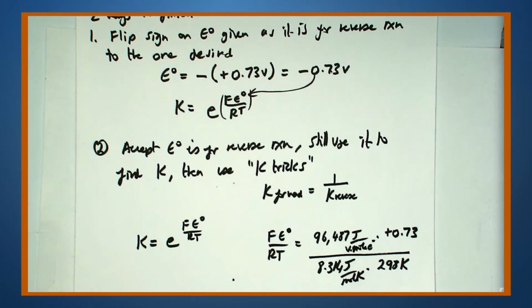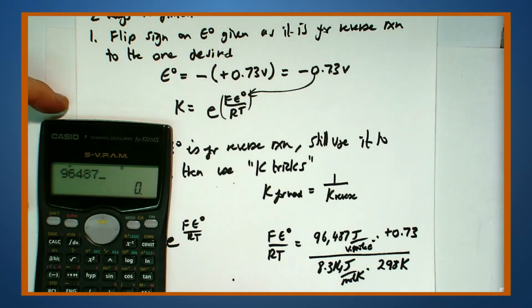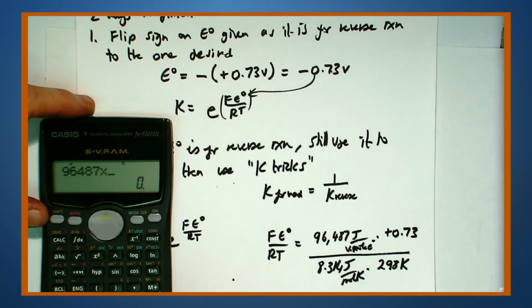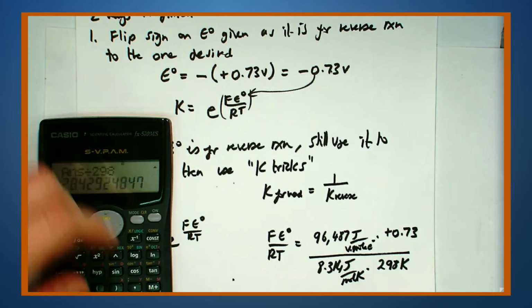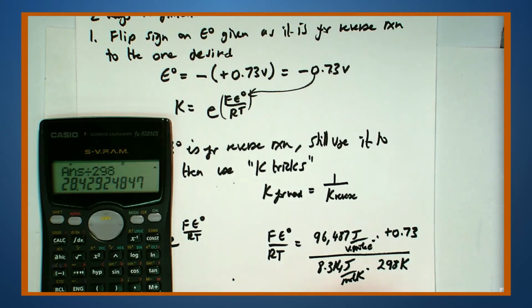All right, so let's go ahead and do our calculator. 96,487 times 0.73, and then we're going to divide it by 8.314, and we're going to divide it by 298. So we get 28.4292.